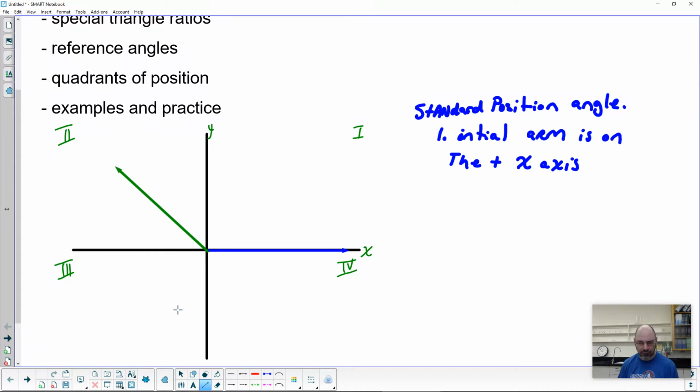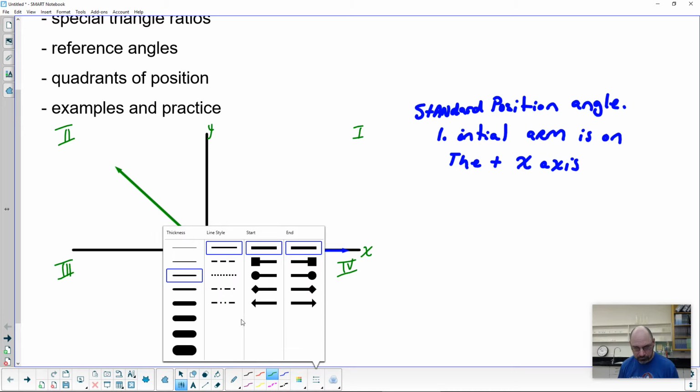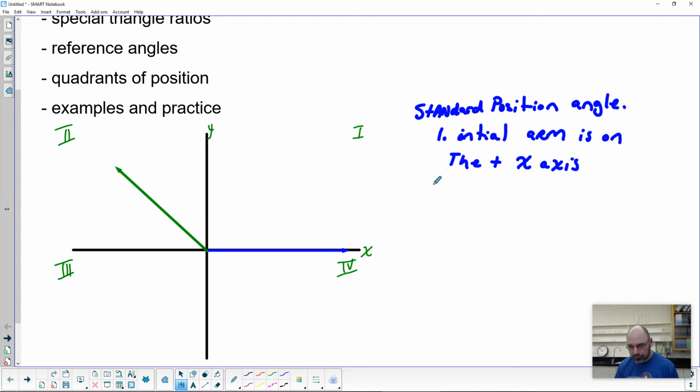Okay, and so the second point: the terminal arm connects with the initial arm at the origin.